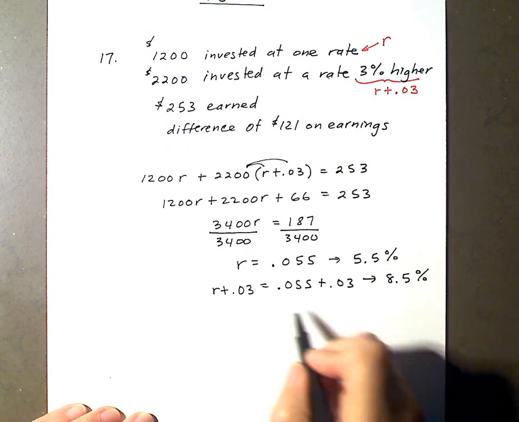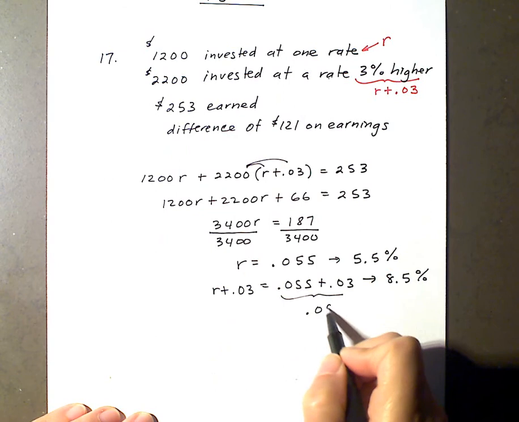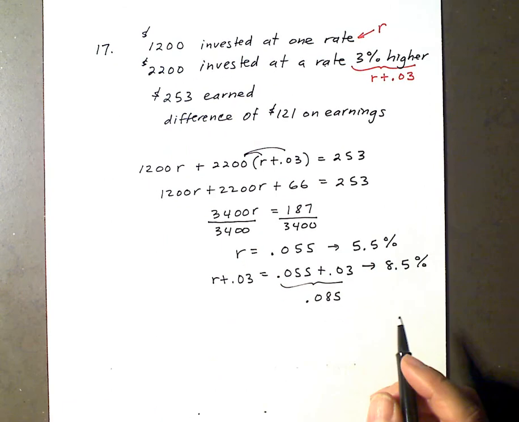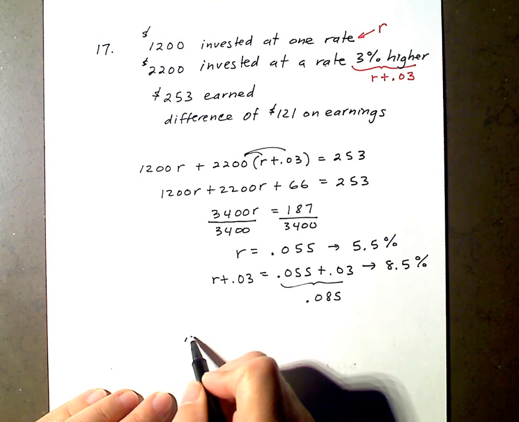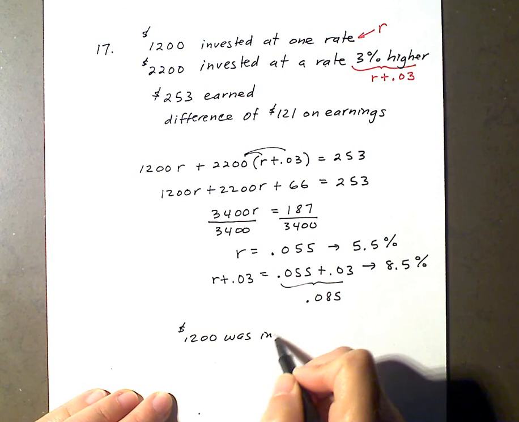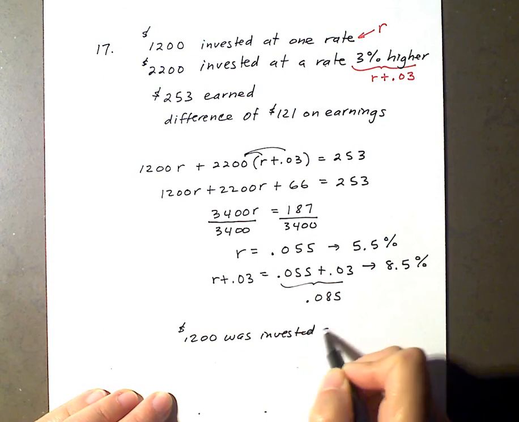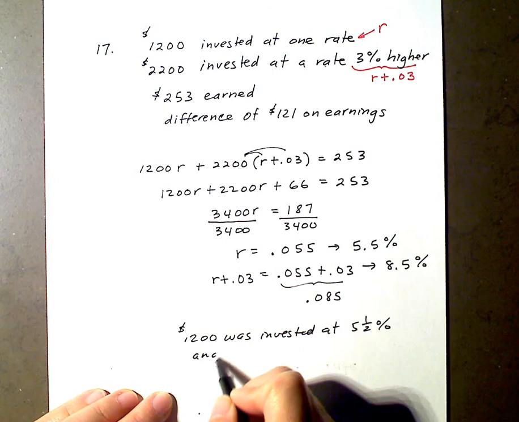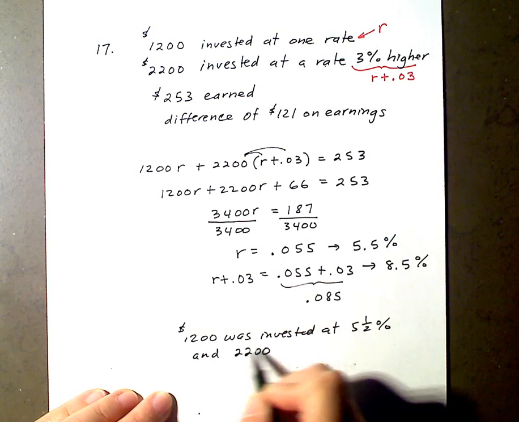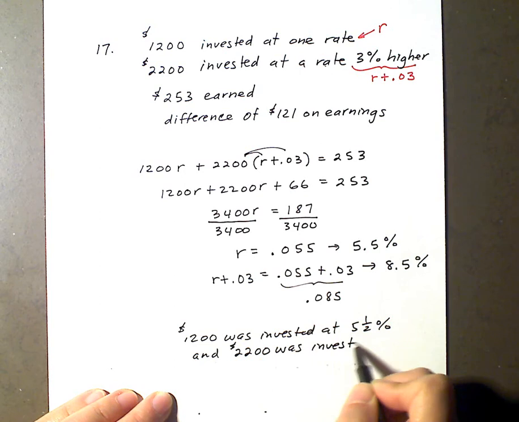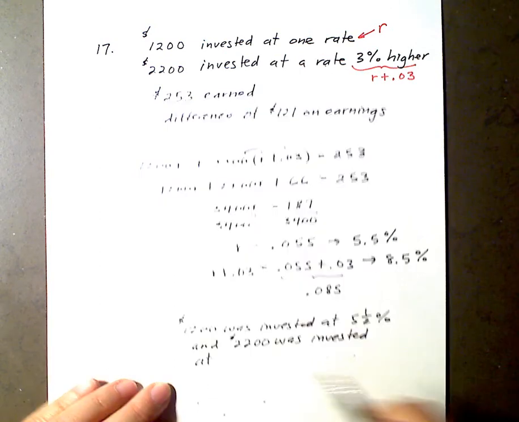Okay, so the answer to the question is $1,200 was invested at 5.5%, and the $2,200 was invested at 8.5%.